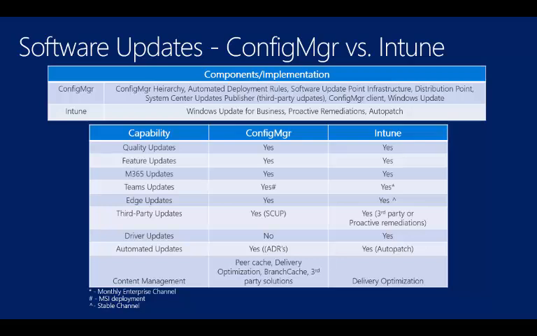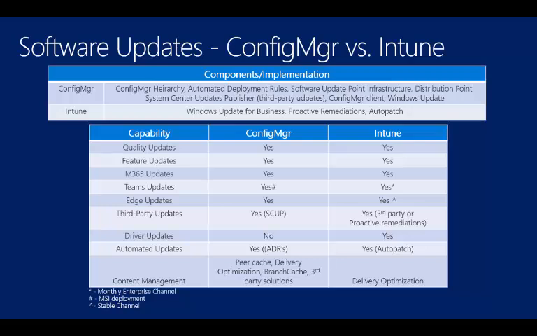And that also is something that I really need to underscore is different between CM and Intune. In CM, the automation is really needed because every month you're going to need to go through and approve new updates. Every month you're going to need to go through and deploy those updates, right?